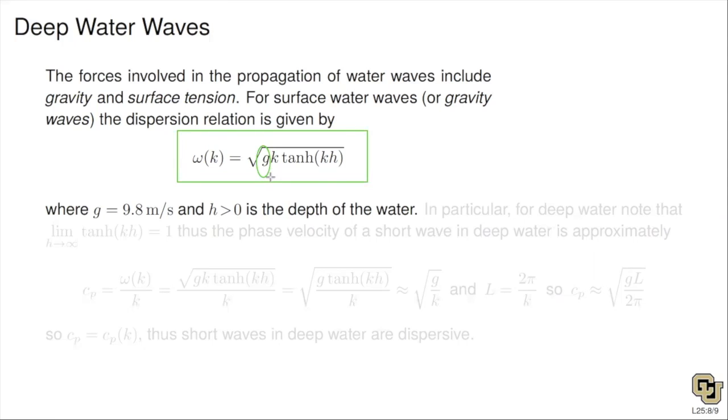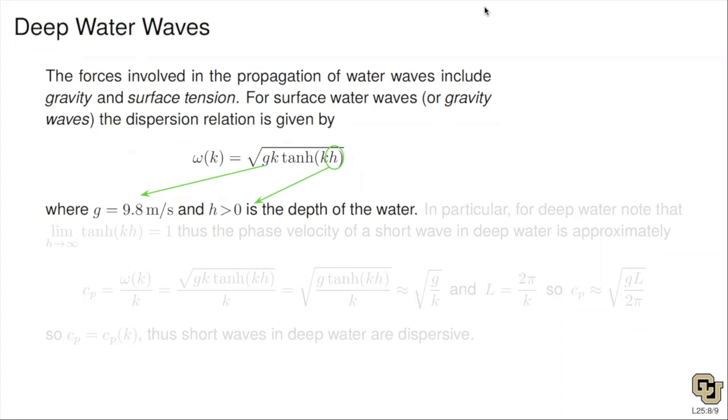So gravity right here, and then some other terms like surface tension. So perhaps that's where the hyperbolic tangent is coming from. And here, the height of the water also makes an appearance. So be careful, this h is a variable. That's just the hyperbolic tangent. So h there is the height of the water. g is our gravity. k is our wave number. And the tangent and all that, that's from taking into account surface tension.